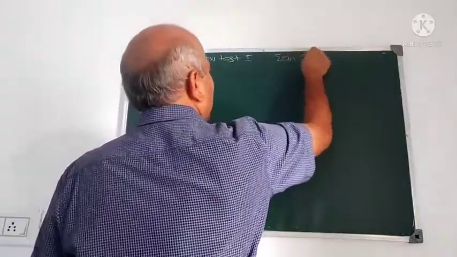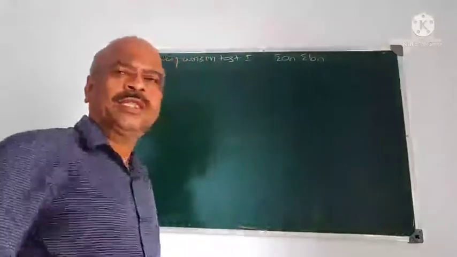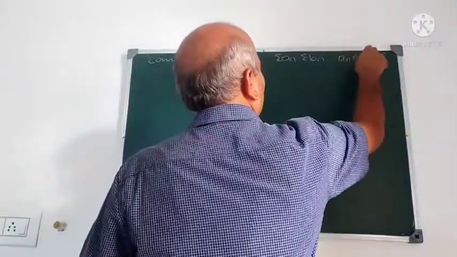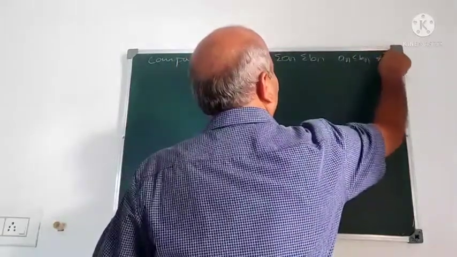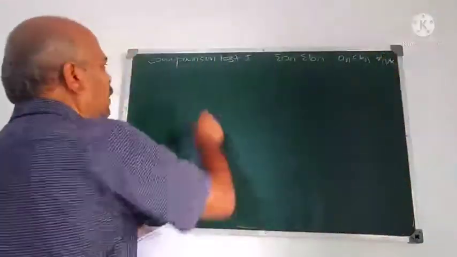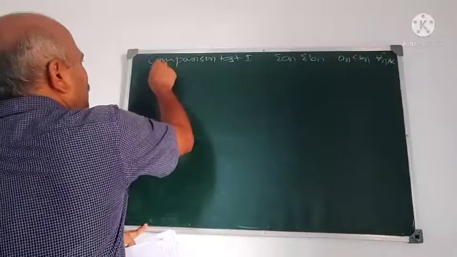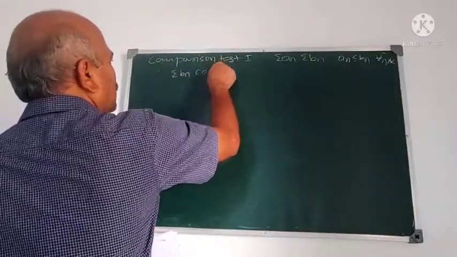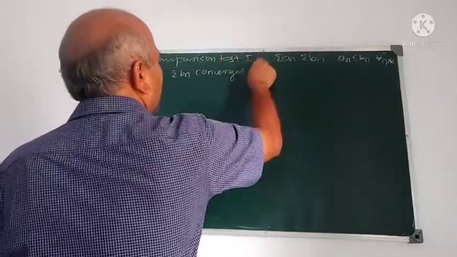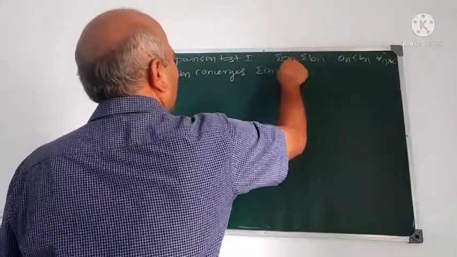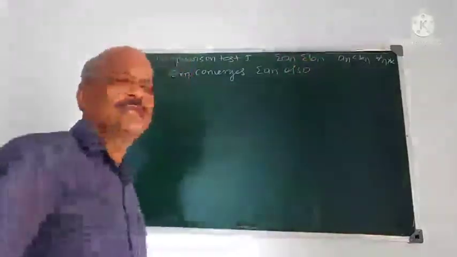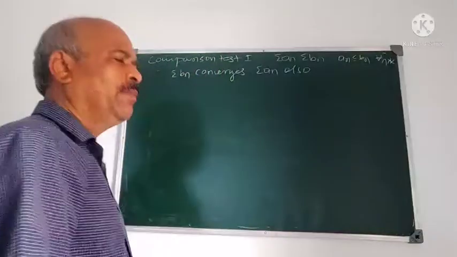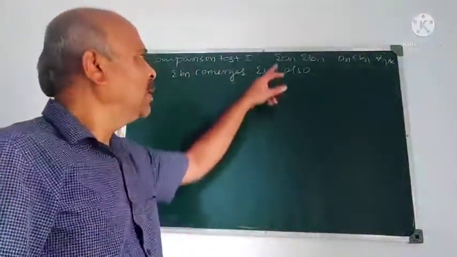If sigma an and sigma bn are two positive term series, and an is less than or equal to bn for all n greater than k, then if sigma bn converges, then sigma an also converges. This is the first test, that is comparison test 1.